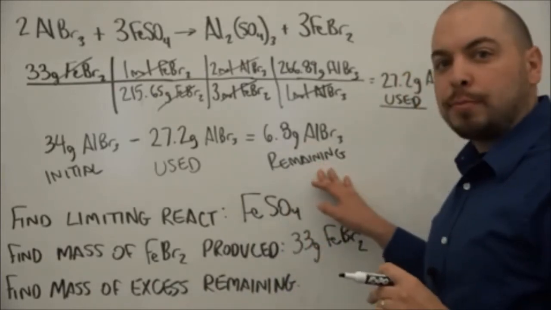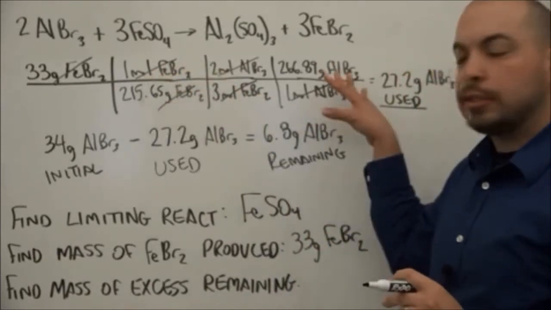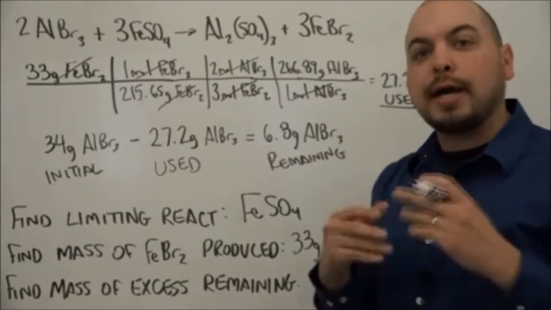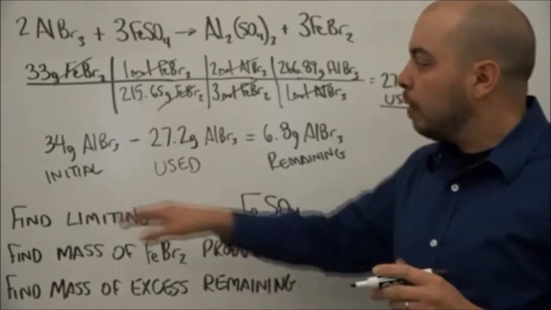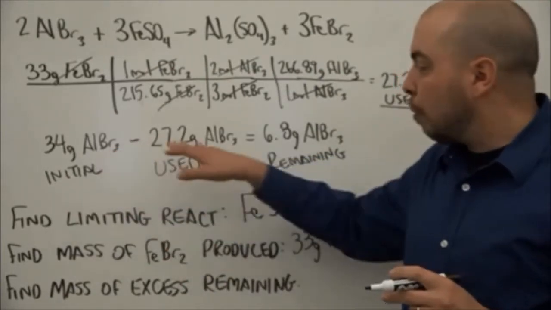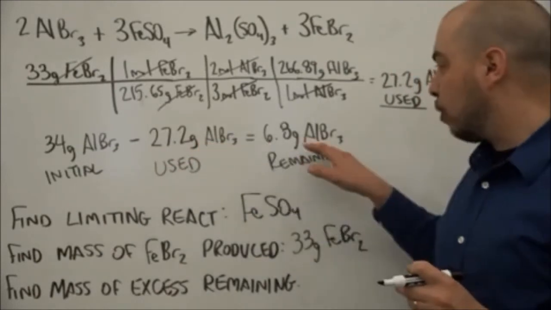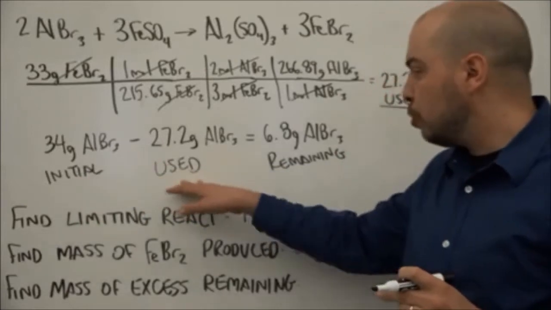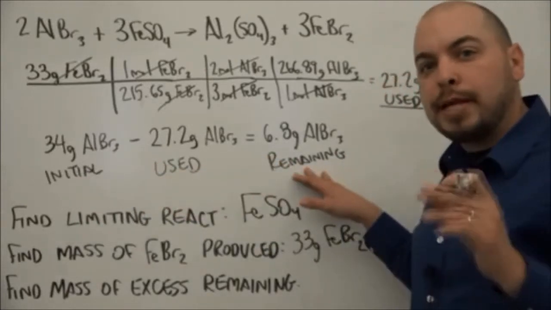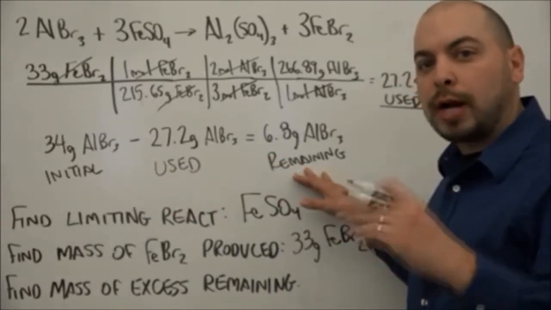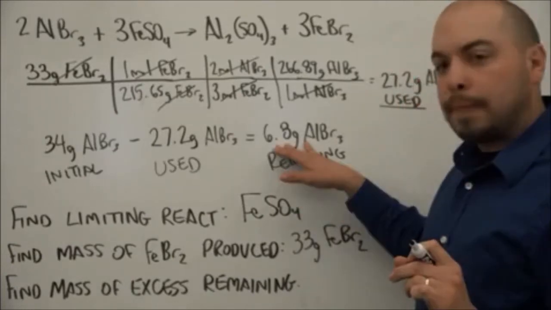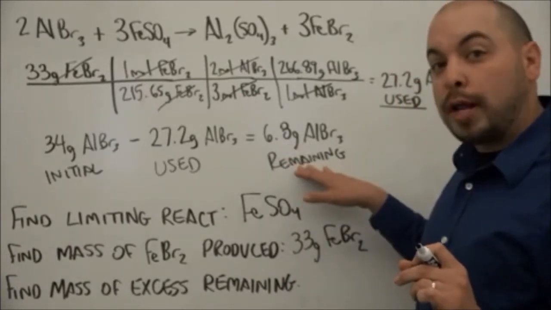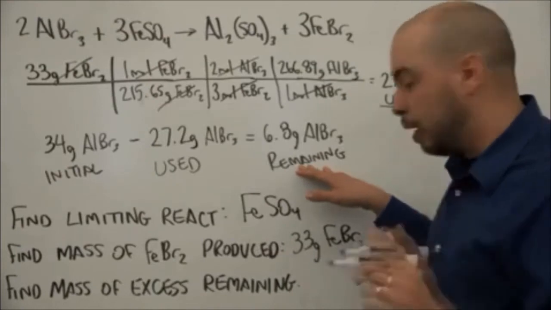It's important at this point that not only do we track units in stoichiometry, but we're also tracking the context of units. For instance, we have grams of aluminum bromide, grams of aluminum bromide, and grams of aluminum bromide. So I added in some context, initial, used, remaining, to make sure that when I'm looking for the answer, I know exactly what I'm looking for. And that is going to be the 6.8 grams of aluminum bromide which remain.